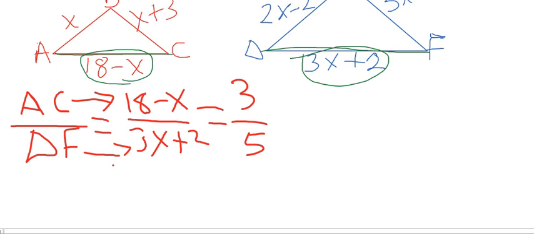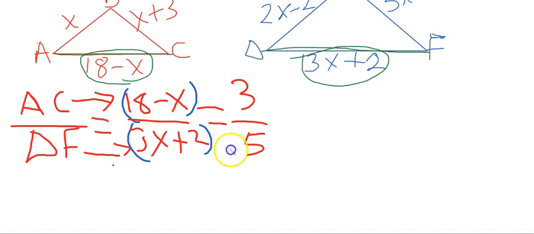Plug that in. Okay, so what do we do next? Since they are proportional, we can cross multiply them. But one big mistake people may make, if you do 18 minus x times 5, that's going to be wrong because this is like one bunch, remember? So you better put them in parentheses. So they are one bunch. So then we can do 5 times that.